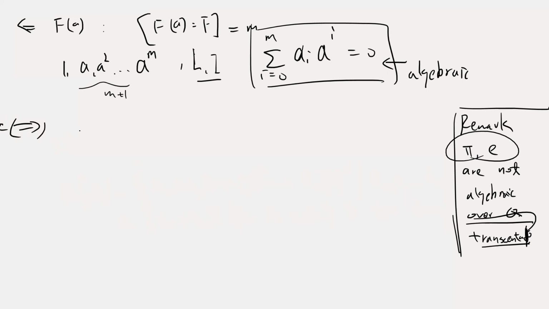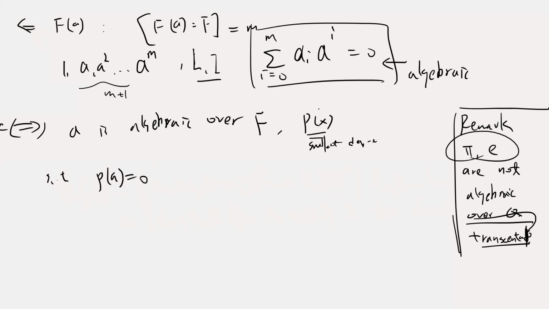Let's say A is algebraic over F. Then by assumption A satisfies a nonzero polynomial of x. Let P(x) be the polynomial of smallest degree such that P(A) equals 0. Basically it's the smallest degree polynomial that can eat A.